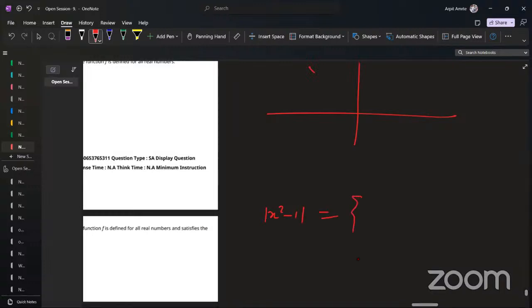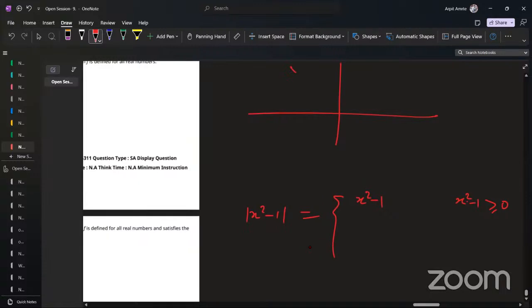What will it be? It will be x squared minus 1 when x squared minus 1 is greater than or equal to 0, and minus x squared plus 1 when x squared minus 1 is strictly less than 0. Right? That's what we are saying.